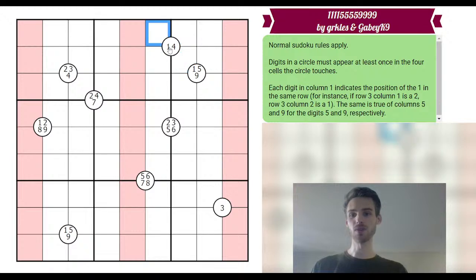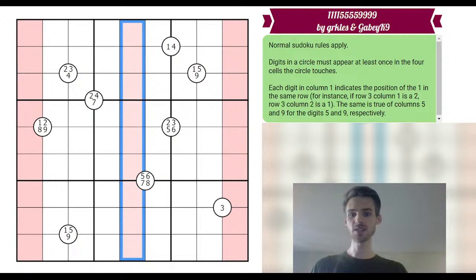Okay, and then the 159 is a little bit more confusing. So it says there's 4 of each digit because of the quads. There's 4 of each digit.